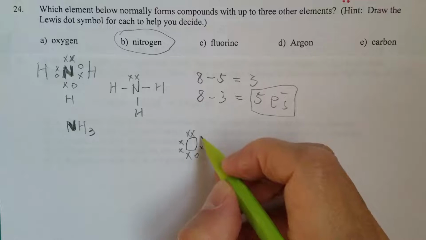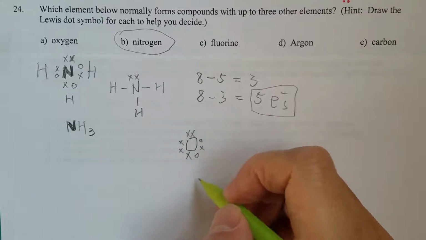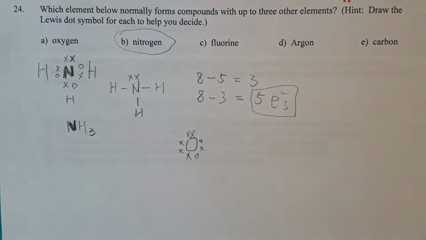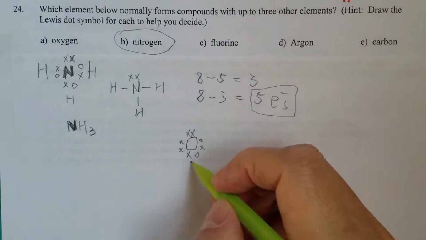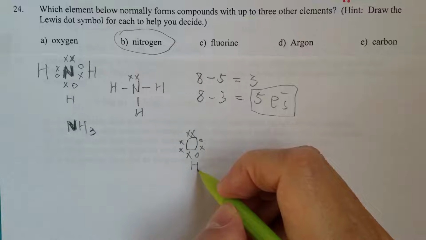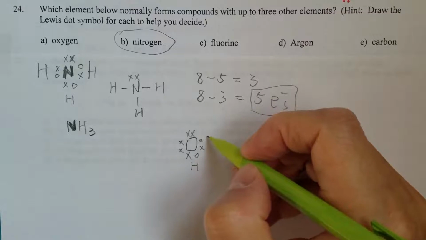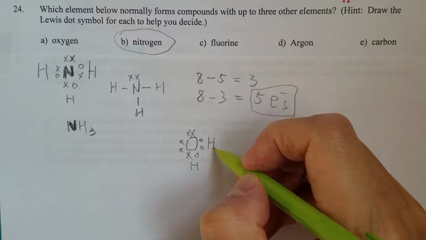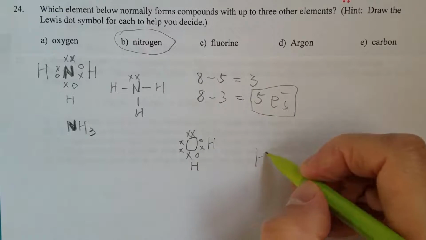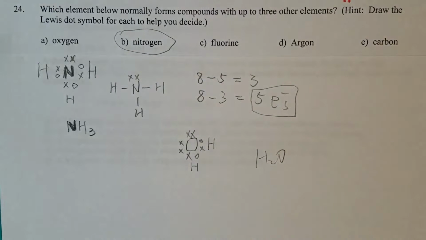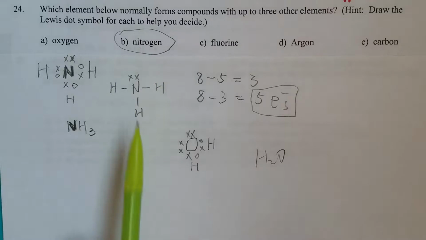Now it only leaves 2 spots that can attach to items from other elements, or 2 items from the same element. That is actually water. So therefore, B, nitrogen, definitely is the answer.